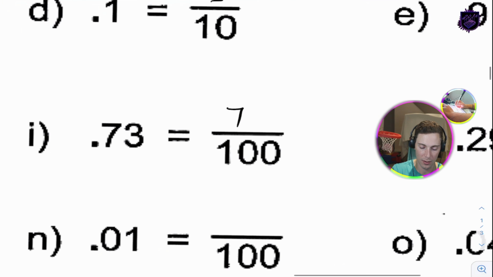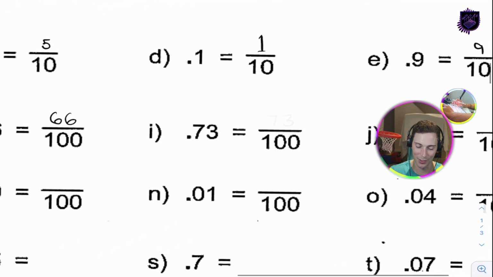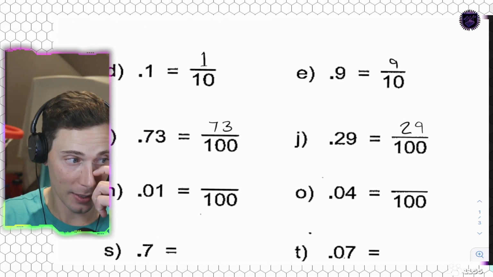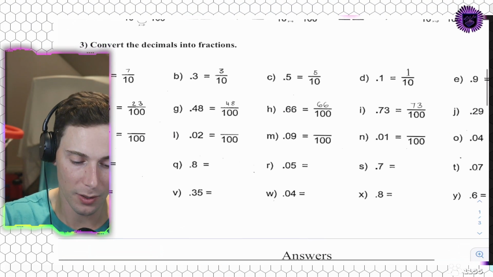73 hundredths. All right, 29 over 100. 29 hundredths. All right.